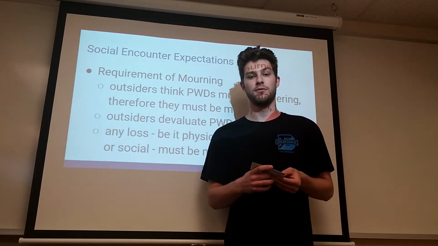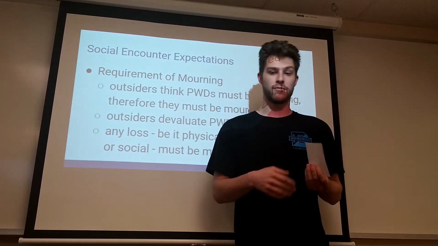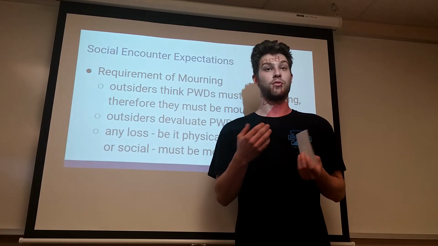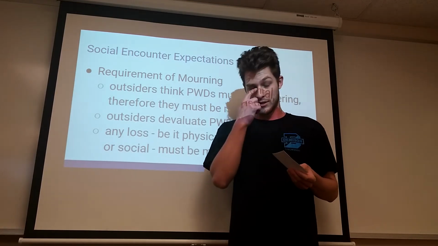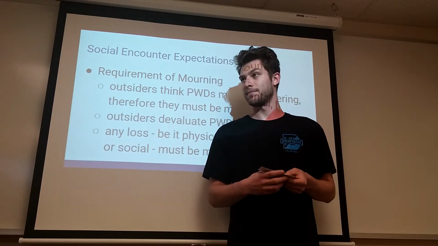For example, this can be seen in someone who has a facial disfigurement. If someone has a facial disfigurement but they display pride, then that outsider would be very unsympathetic towards that specific individual.